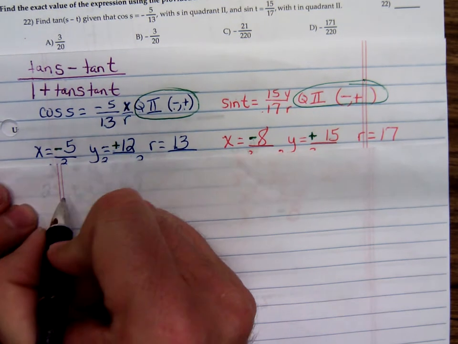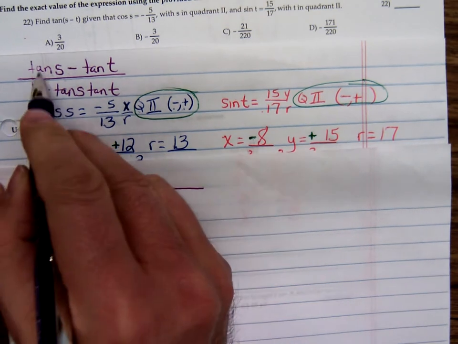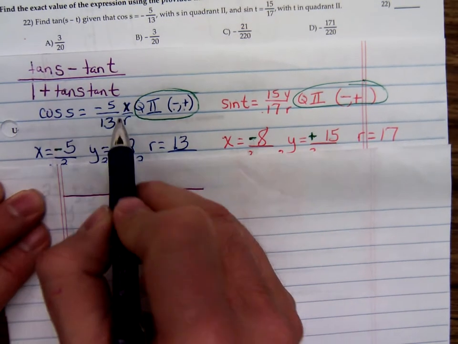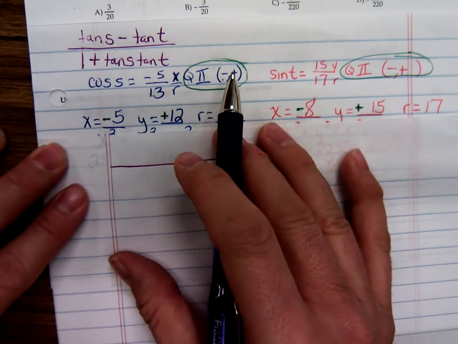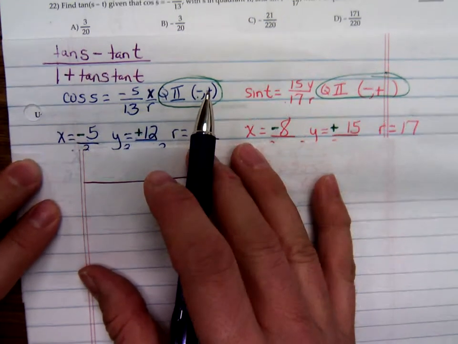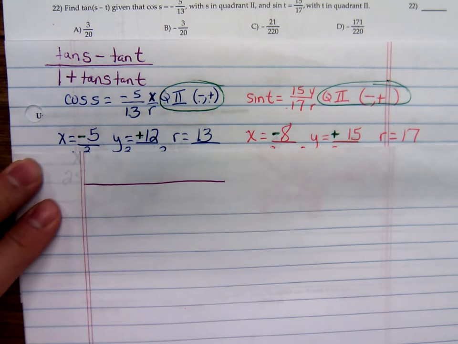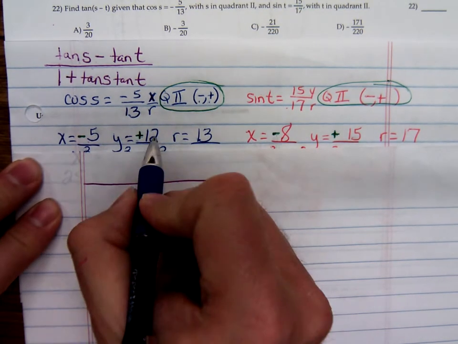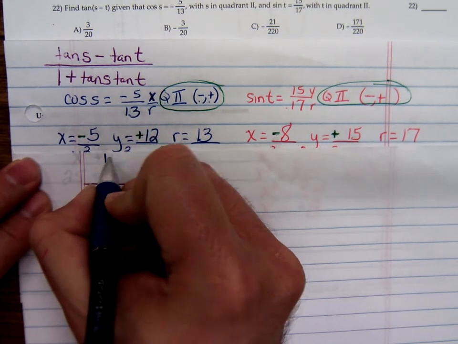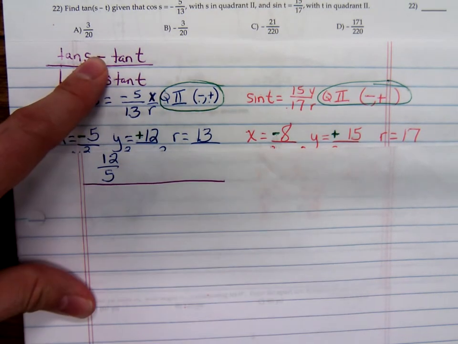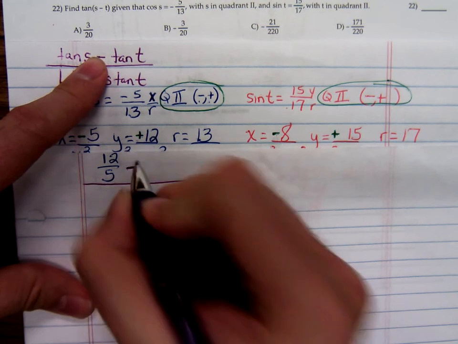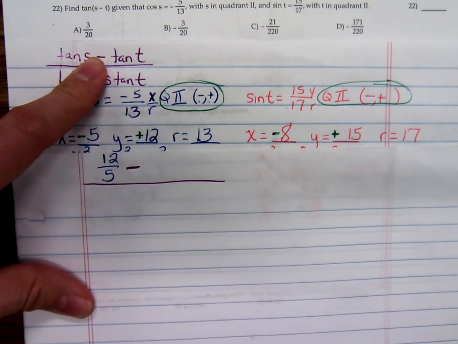The tangent S, that's y over x, so 12 over 5, minus tangent t, the t stuff is in red, that's y over x.